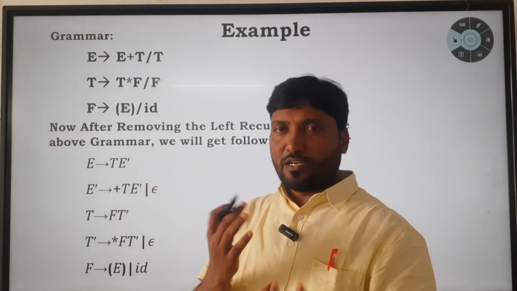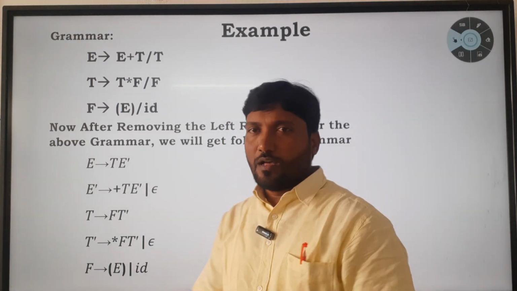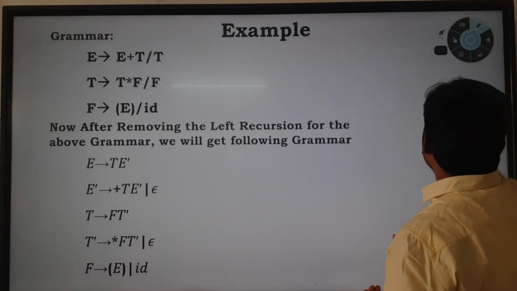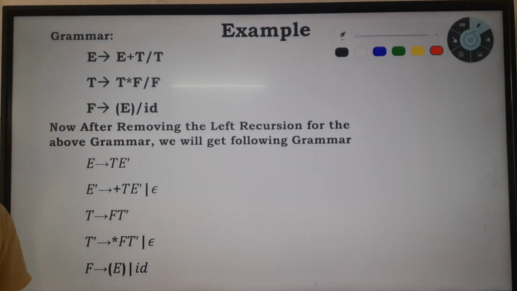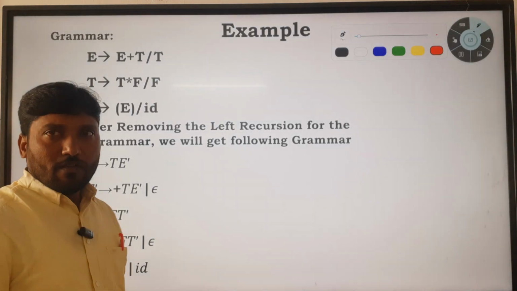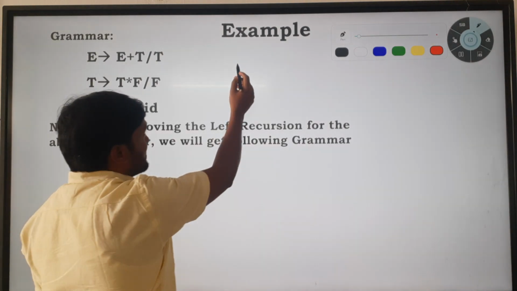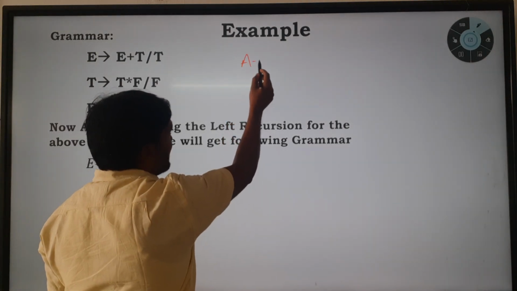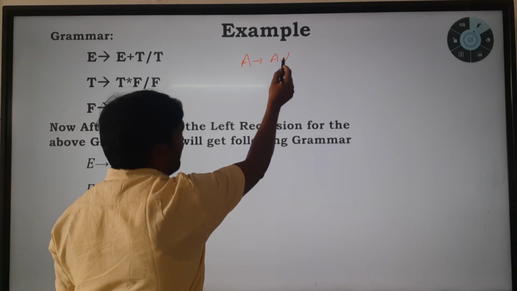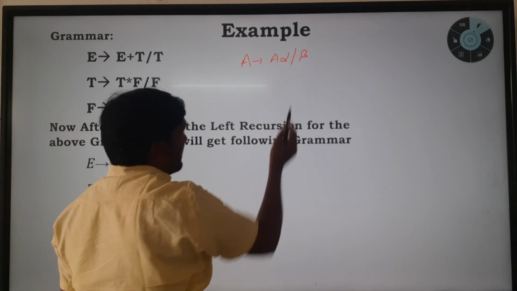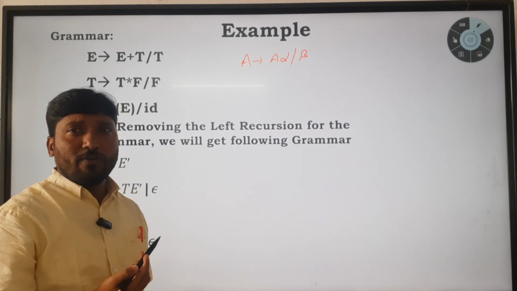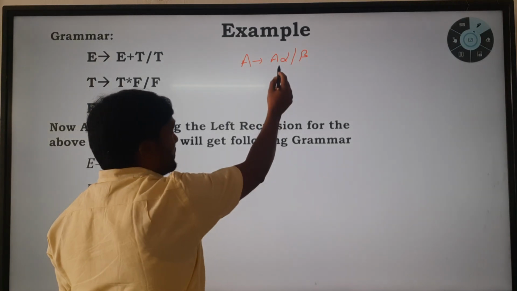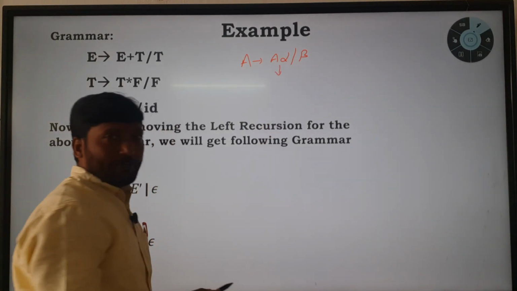I already know how to eliminate the left recursion. To eliminate it, we must understand how to handle the particular form. The left recursion is in the form A derives A alpha or beta. If any production is in the form A derives A alpha or beta, then we have to eliminate the left recursion.